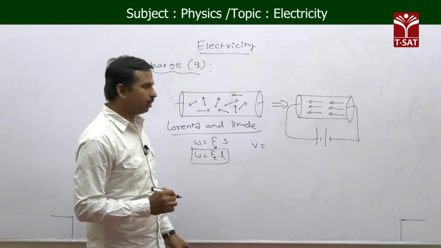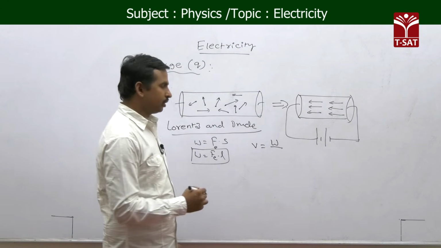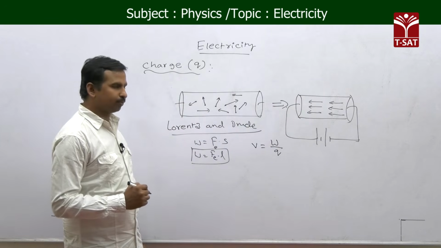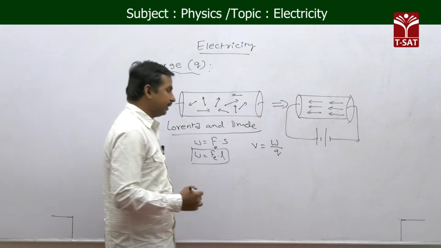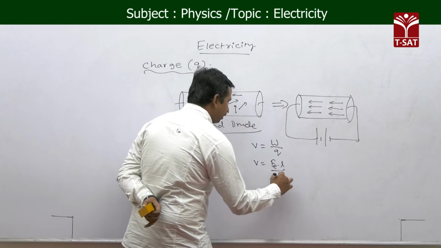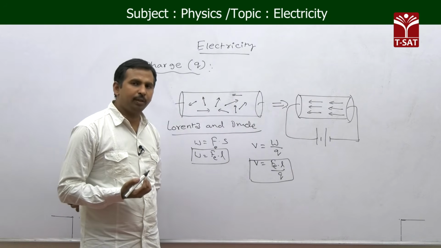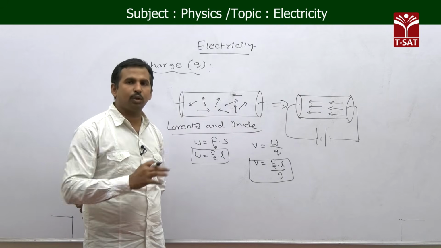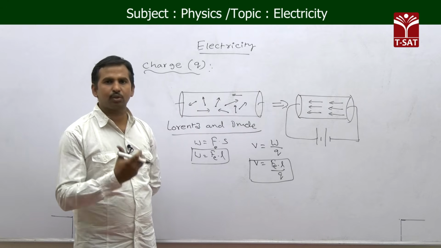Potential difference V is equal to the work done by the battery on the unit charge, so V is equal to W by Q. We already know W is F into S, which we take as Fe into L. Then V is equal to Fe into L by Q. So voltage V is equal to W by Q, that is its formula. As this battery does work on the electrons going in different directions, due to this work they go in one particular direction, which causes the current.